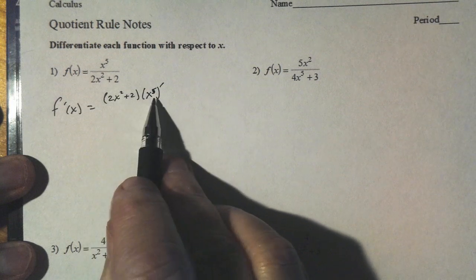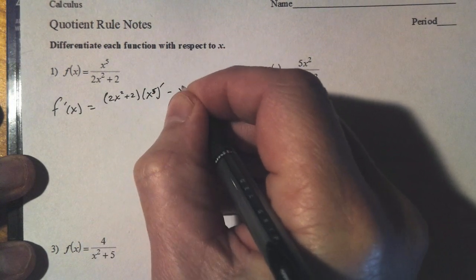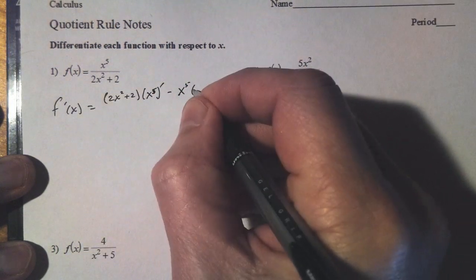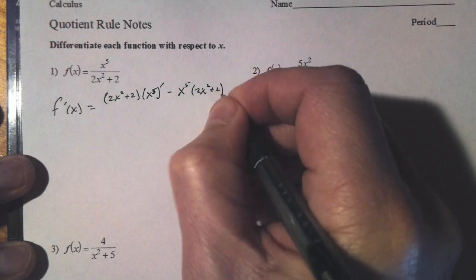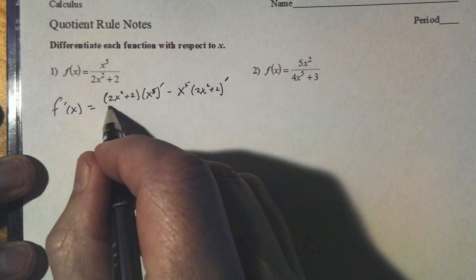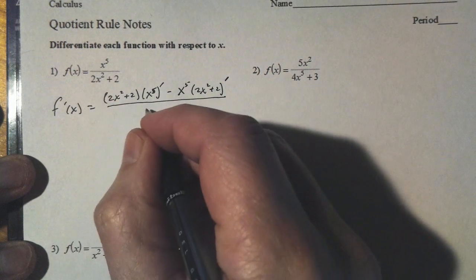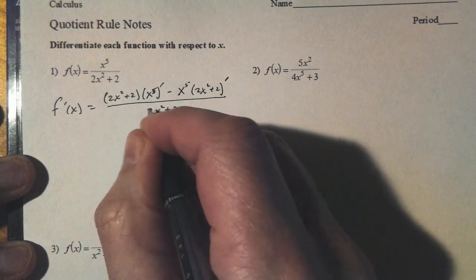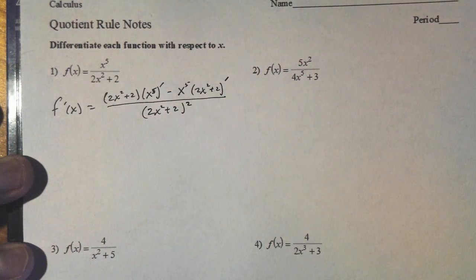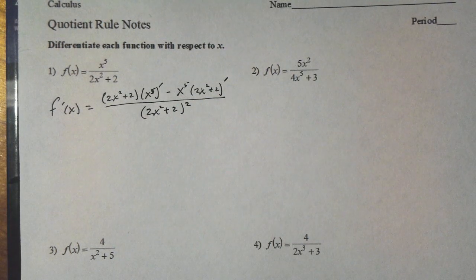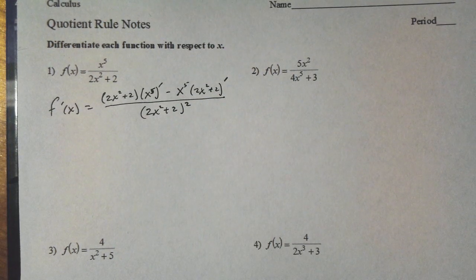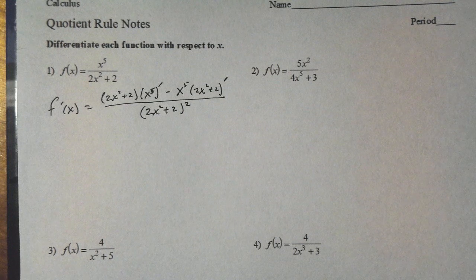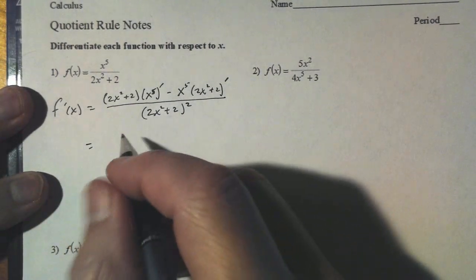That's low d high minus high d low over the square of the thing below. That's that step. Usually I skip it and go straight to the derivatives.